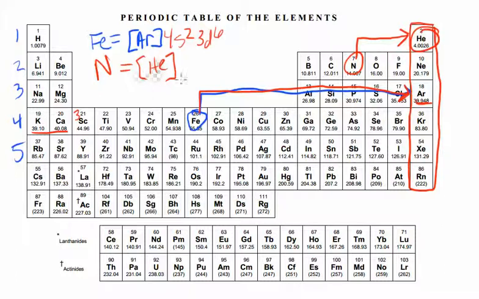Helium goes in brackets. Make sure it's brackets, not parentheses. We need to go from helium to nitrogen. After helium, we have 2s1, 2s2, and then 2p1, 2p2, 2p3. It really doesn't save us a lot of time for nitrogen, but that's all right.